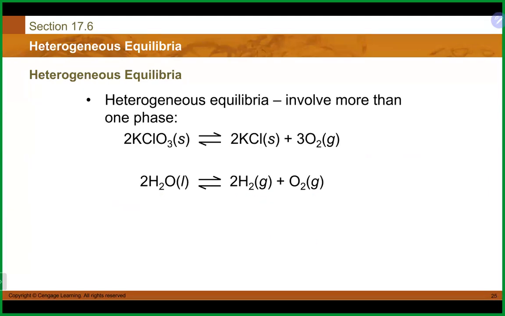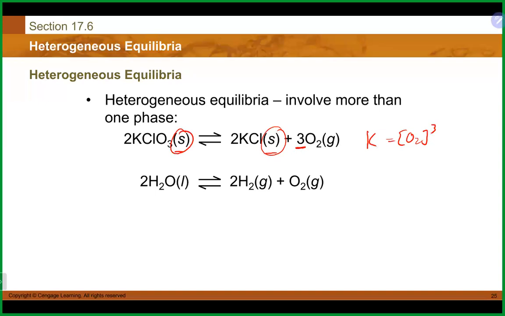Now, heterogeneous equilibrium is basically the opposite. You basically got a little bit of everything going on. You have things in different phases. So as we mentioned a second ago, the two things that we really do leave off in this are going to be our solids and our liquids. So when we would go to write our equilibrium expression here, for the first one, our K would be the concentration of O2, and it would be cubed.